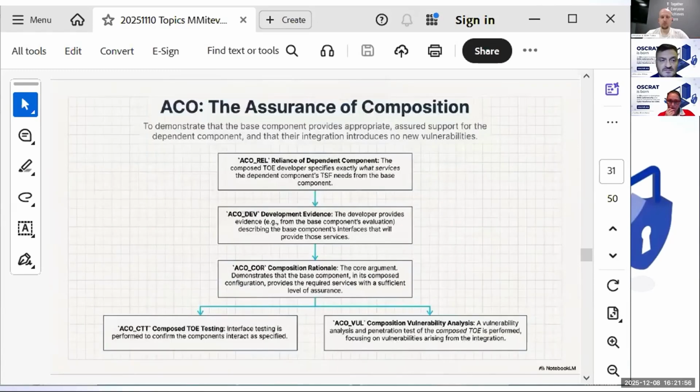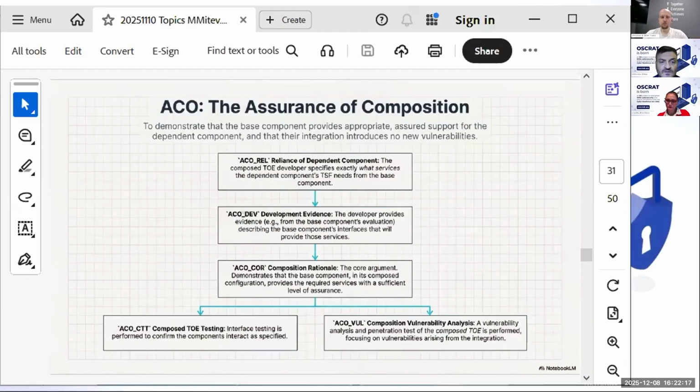This slide breaks the ACO process into several steps. First, the evaluator verifies what services the base component provides. Then the developer provides evidence about how those services are used.